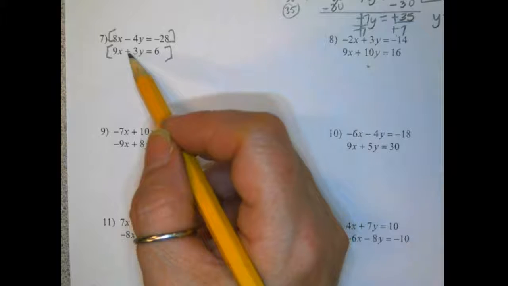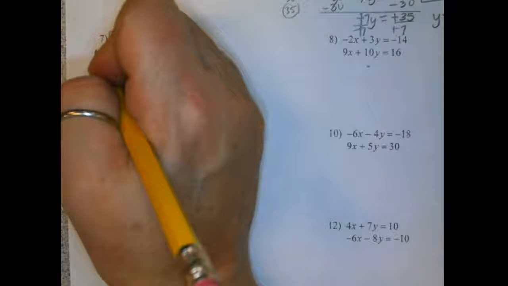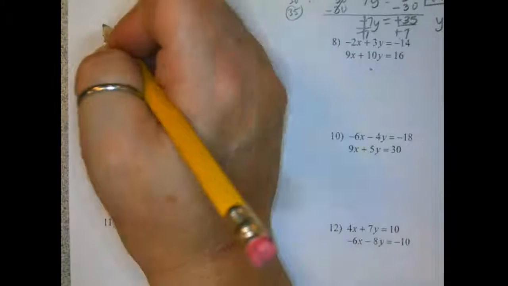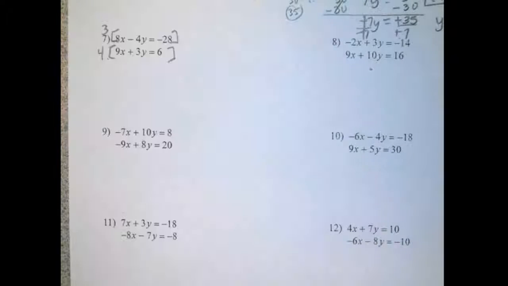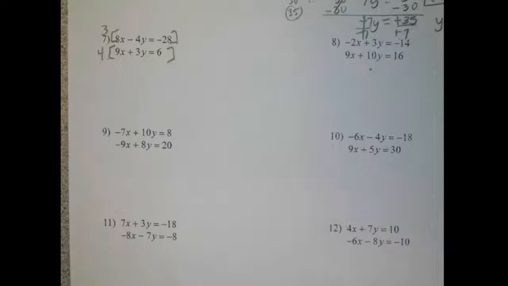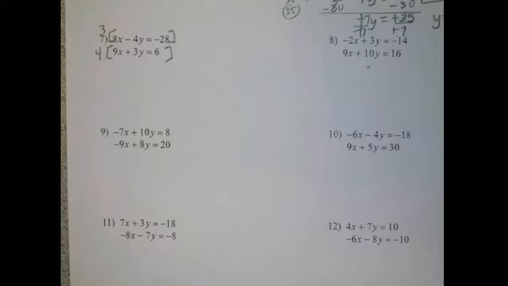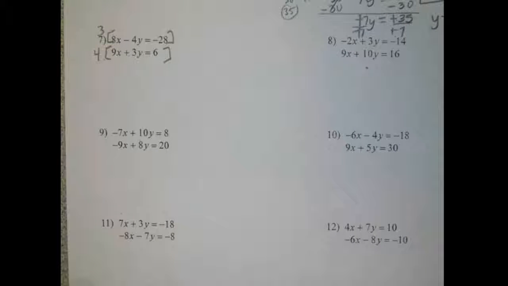Already opposite signs. Makes it easier for us to choose. So you're going to multiply this times 4 and the top one by 3. Make sense? Does that make sense so far?